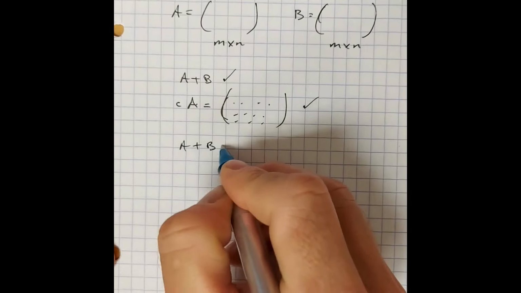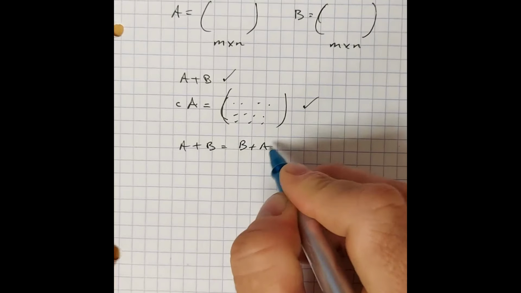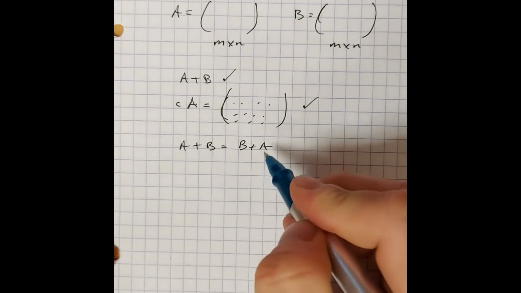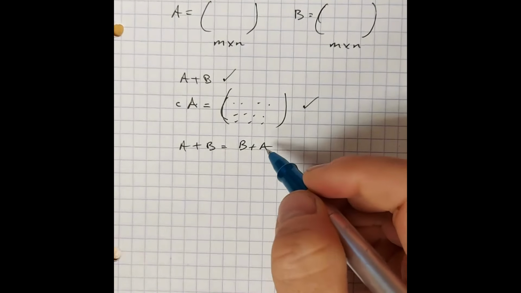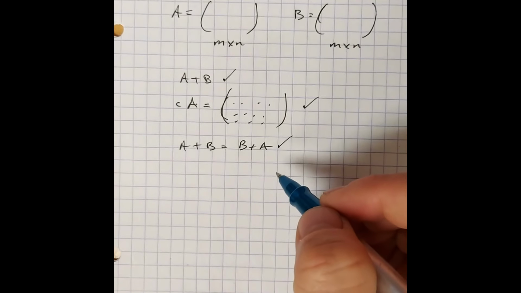A plus B is equal to B plus A. Matrix addition is commutative, so we inherit that from the property.